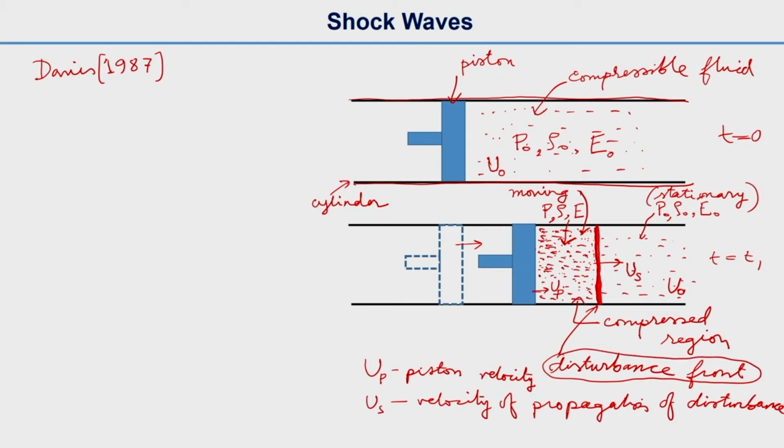When the piston moves, it travels a distance up T1, and at the same time the disturbance will move a distance US T1.